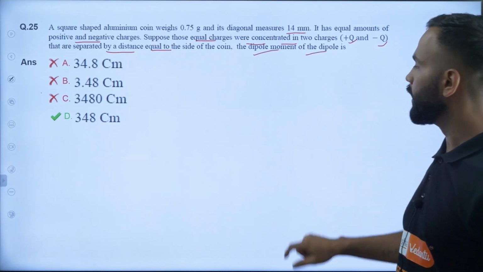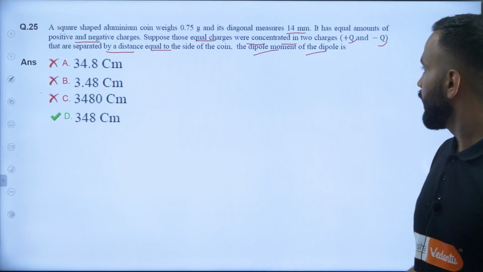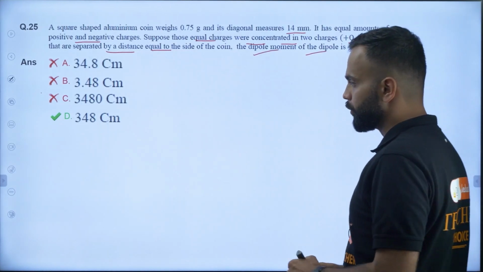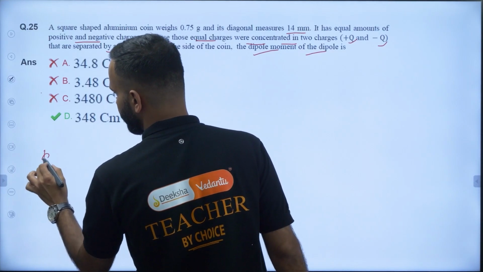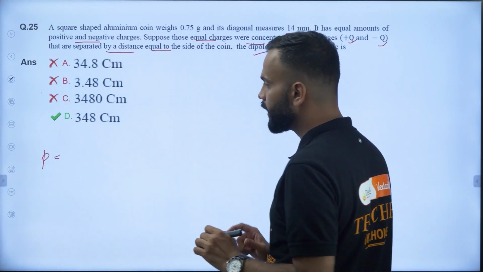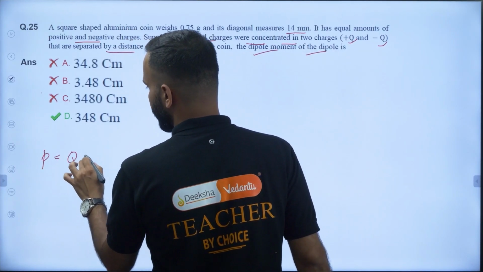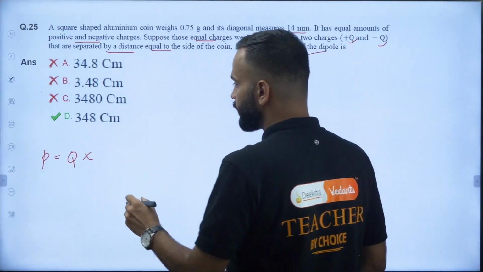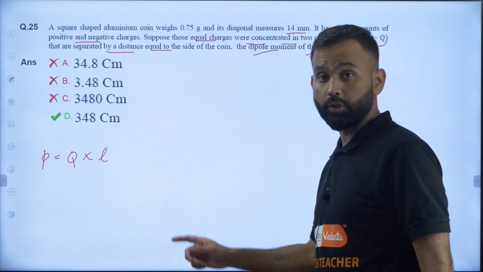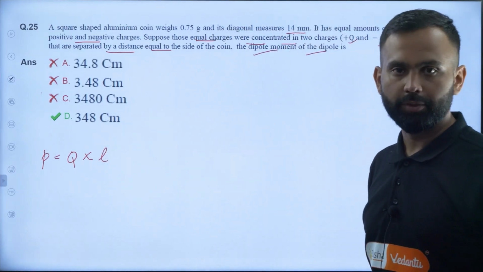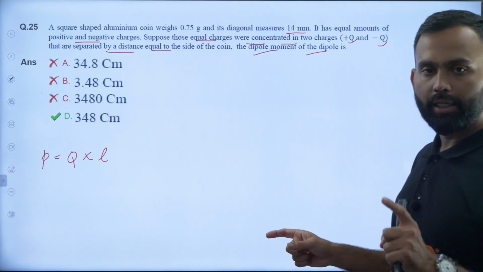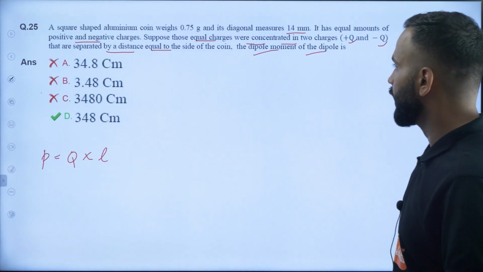The dipole moment of the dipole, so we need to find the dipole moment. P is equal to the magnitude of the total charge, Q, into the separation between the charges, that is L, which is equal to the side of the square coin.